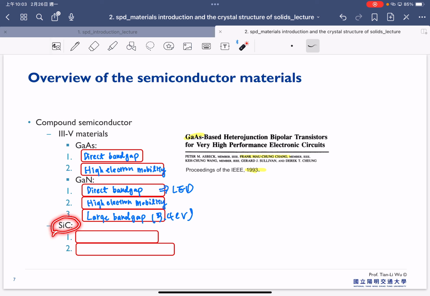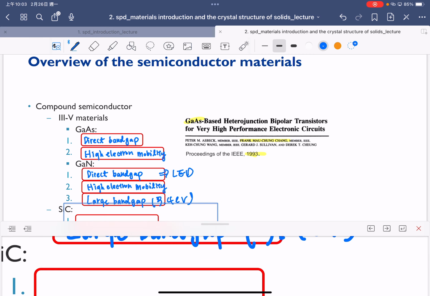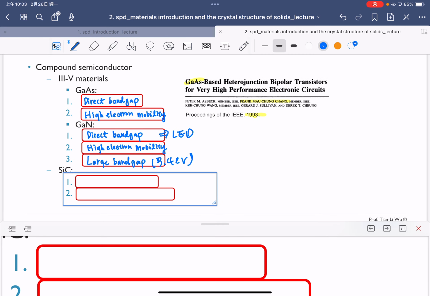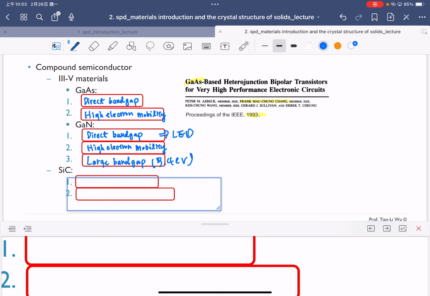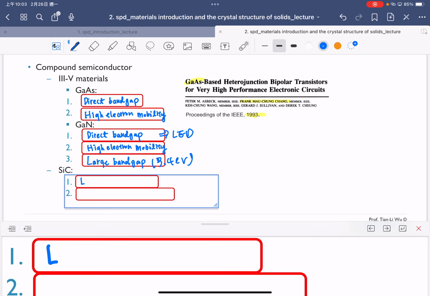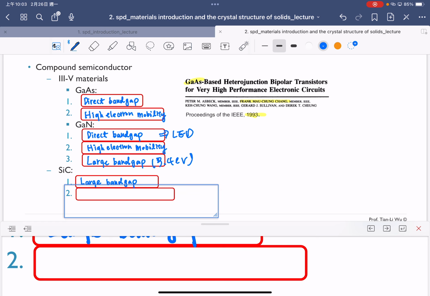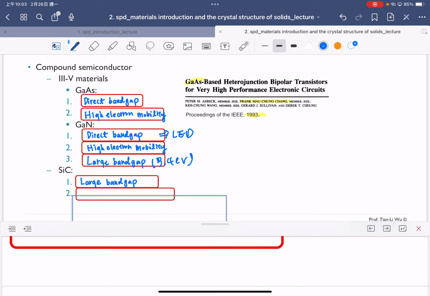Silicon carbide is also a material featuring a large band gap, and in addition to the large band gap, it also has a very good thermal conductivity.